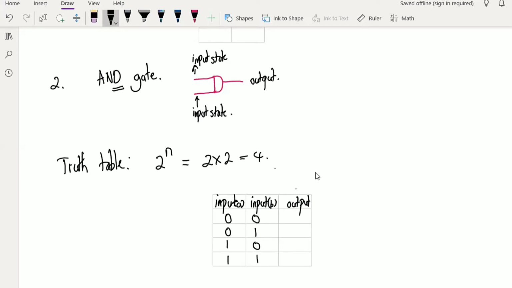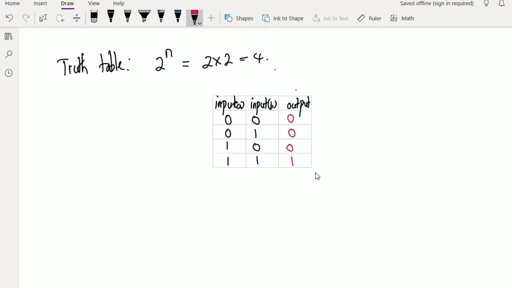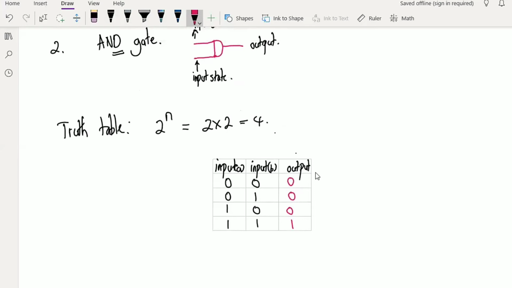For everything else, it's a low voltage or a zero. As a result of that, we can clearly see here that 0, 0 would be 0, 0 and 1 would also be 0, 1 and 0 would also be 0. And the only time we have the two inputs being 1 is where we have an output of 1 as the outcome.